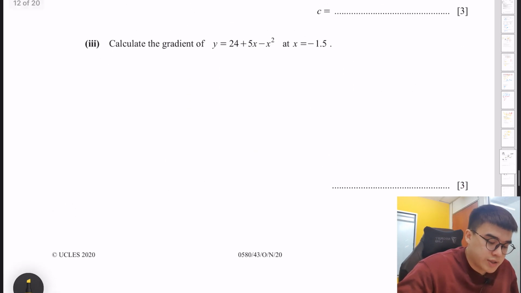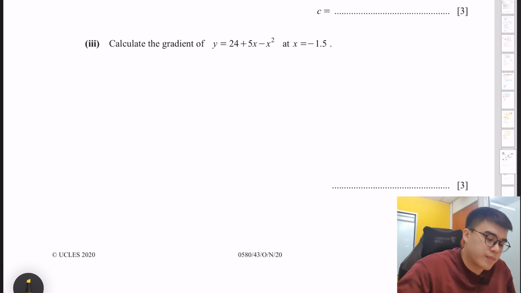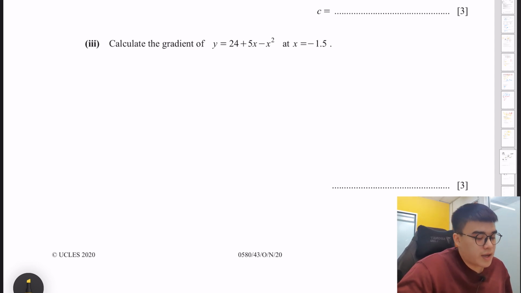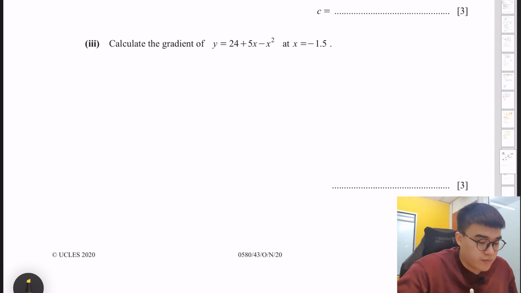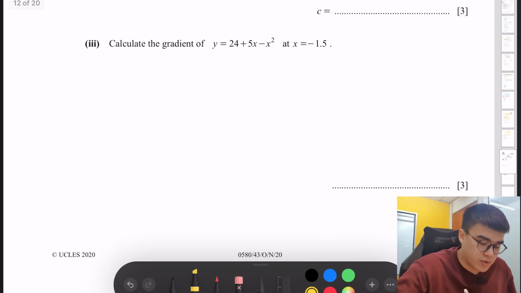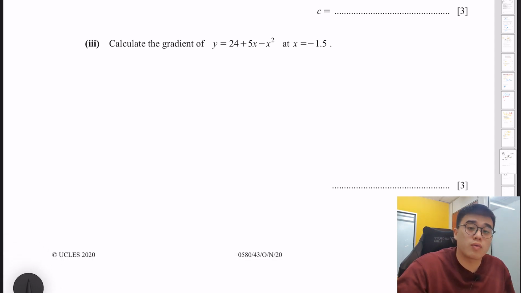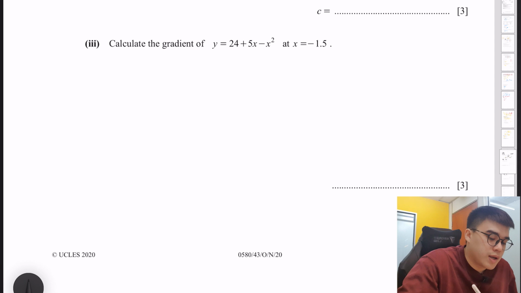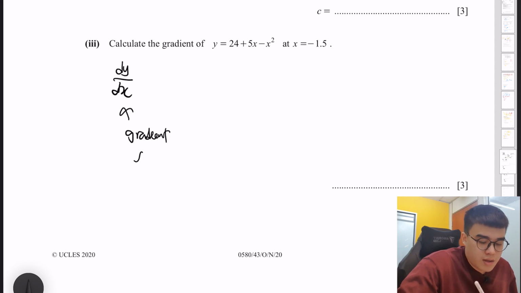Moving on to part 3, calculate the gradient of y equals 24 plus 5x minus x squared at x equals negative 1.5. So remember, whenever you solve this type of question, it's asking you to find the differentiated result, because this is what we call the gradient function.